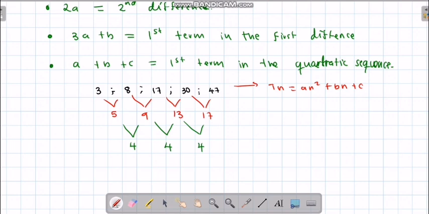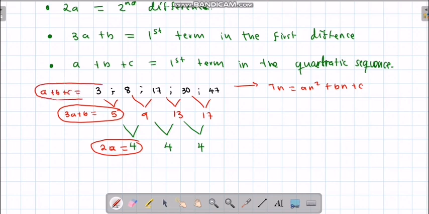So we get our second difference, then we say 2a is equal to the second difference. Your 3a plus b is equal to the first term in the first difference, which is 5. Then our a plus b plus c is equal to the first term of the quadratic sequence.